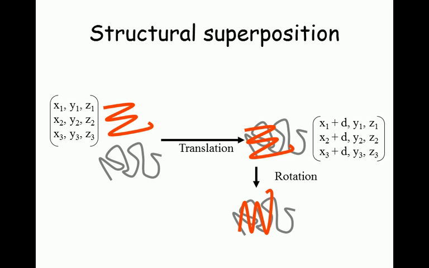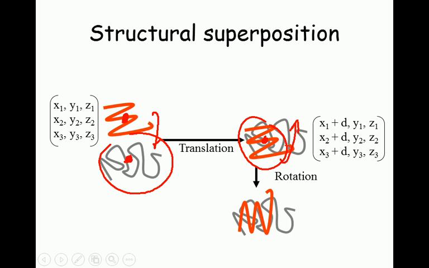So this transformation involves translation and rotation operations. So you take this red protein and then you translate it on top of the gray one. And this is usually done by matching up the center of gravity, the center of mass of the 2 proteins. So once you do that, then the second operation is to rotate one protein so that the error is minimized.